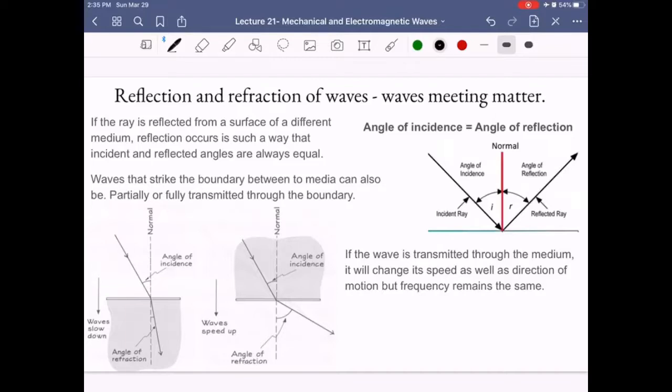So let's say we have a wall and a sound wave. As a sound wave hits, this is actually a longitudinal wave, so maybe we should represent it like that if you like.